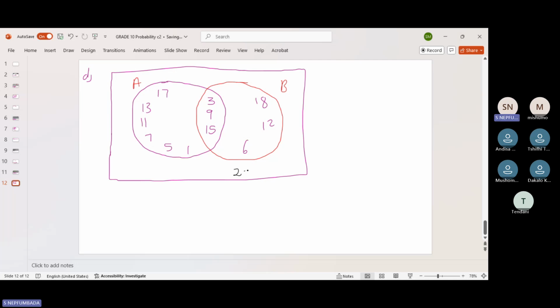We've got 2, 4, 8, 10, 14, and 16. Then you are done with your Venn diagram. And the sample space is 18. When we count, those numbers must be 18. Are we fine? Yes. Okay, let's go to the next question.